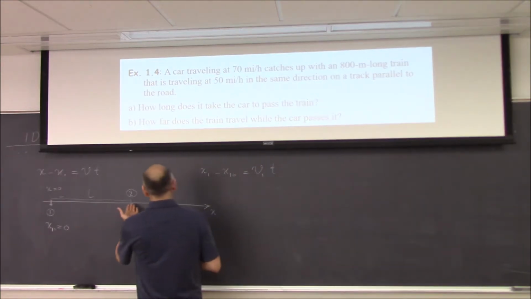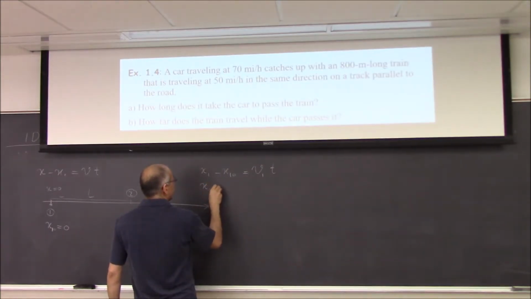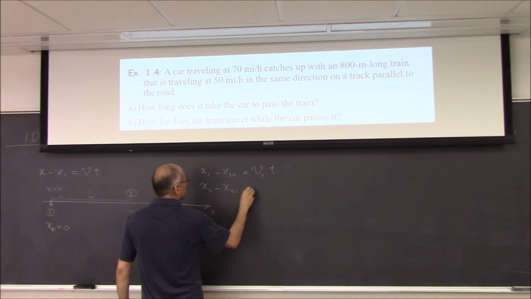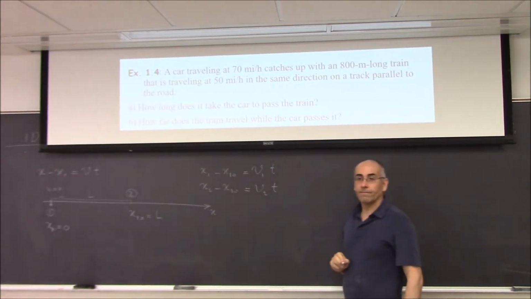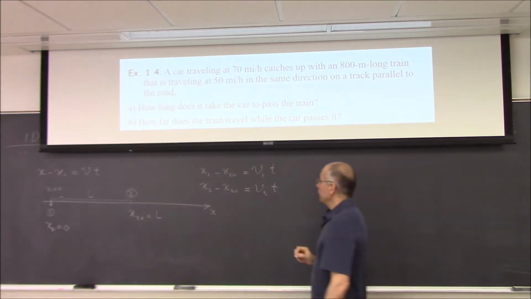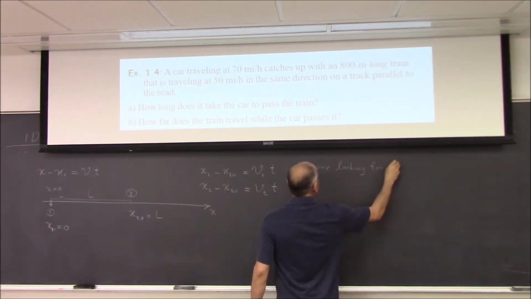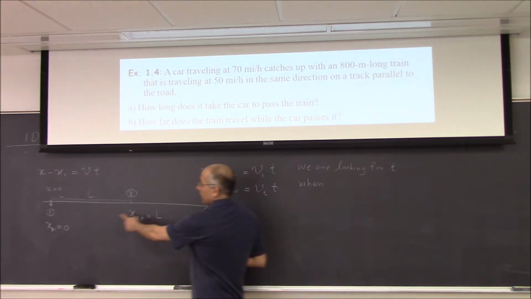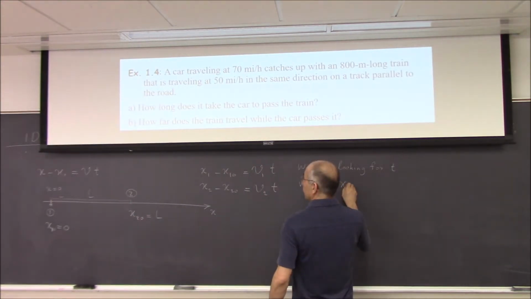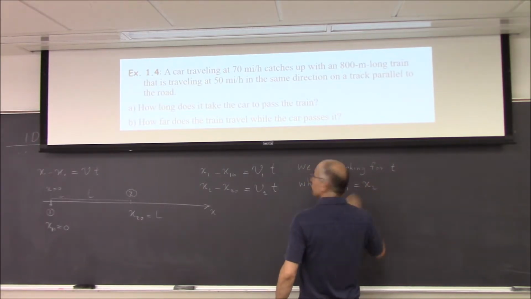And then for the front of the train, we say x2 minus x2 naught equal to v2 times t. Right? And we're looking for t when the front of the train and the car are at the same position. x1 is equal to x2.